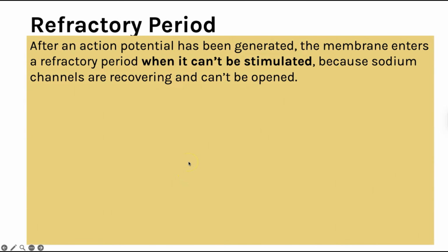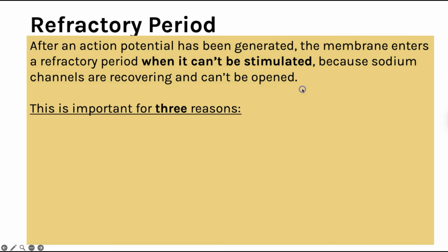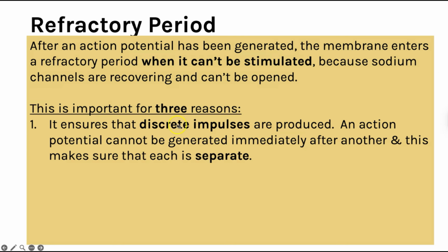The refractory period: after the action potential has been generated, the membrane enters this refractory period, which is when it cannot be stimulated to go through another action potential. And it's because the sodium ion channels are recovering and can't be opened. Now this is important because it ensures that discrete or separate impulses are produced.